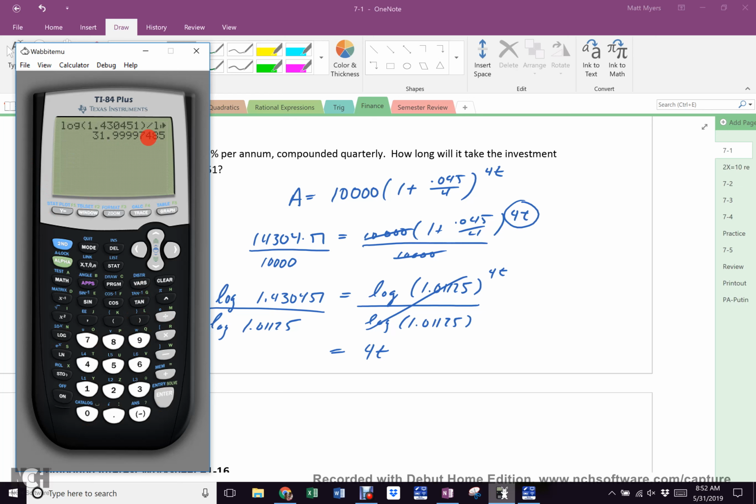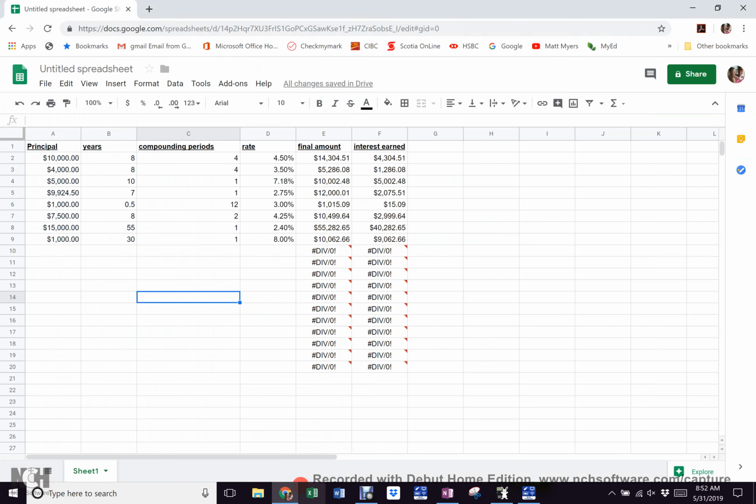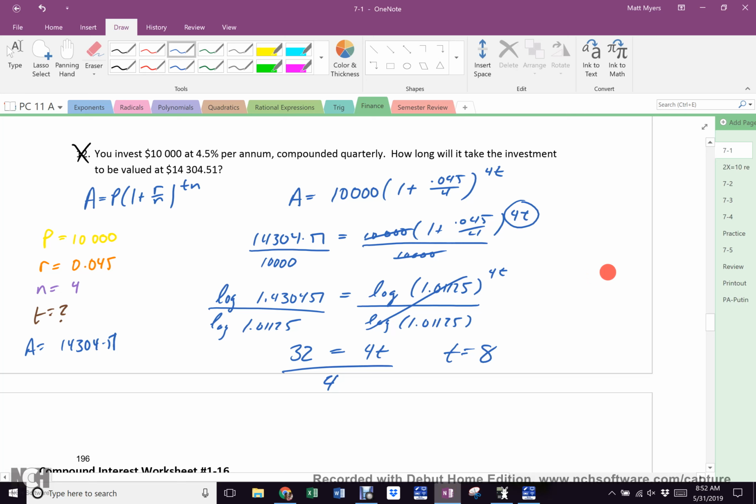What would you round that off to? 32 equals 4t. Now how do I get rid of the 4? Divide by 4 and t equals 8, which we already knew because I used that as my sample question. Everybody cool? Logs are just another tool like square rooting to solve things like this algebra.